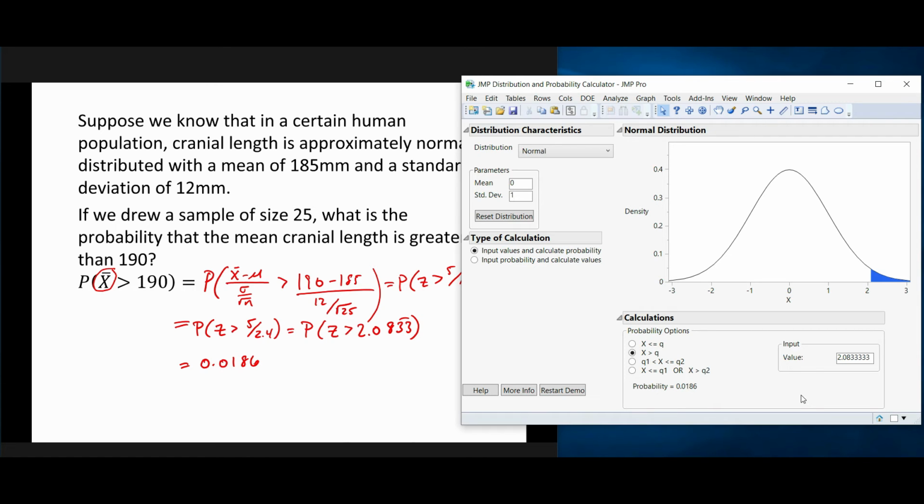So there is that probability that the mean is larger than 190 because of this dividing by the square root of n. The distribution of the sample mean is much narrower than the distribution from the original normal population. So it puts us further out in that tail of that normal distribution, and there's less area that's above 190 when we're talking about the distribution of the mean.